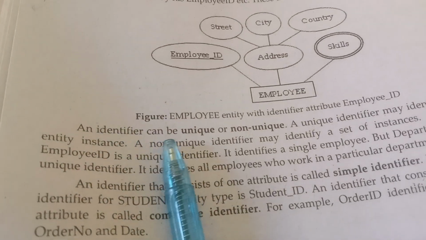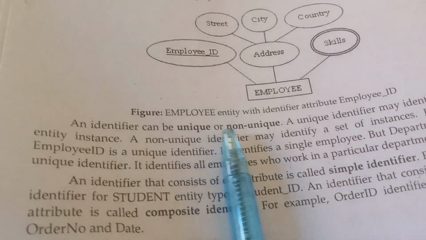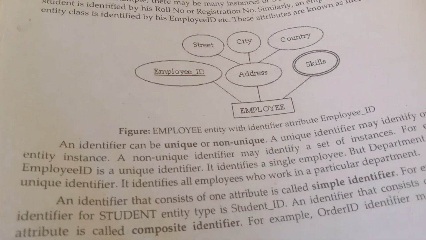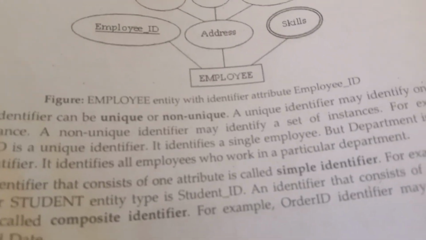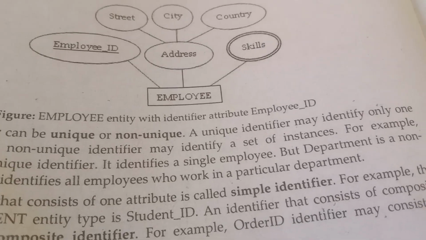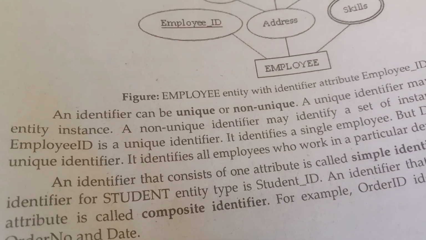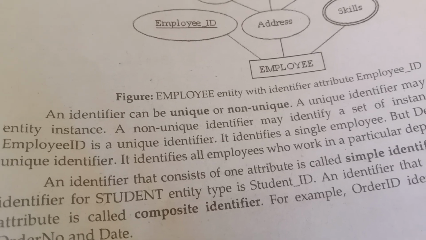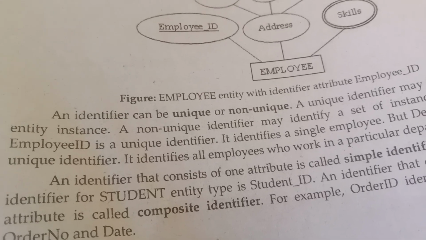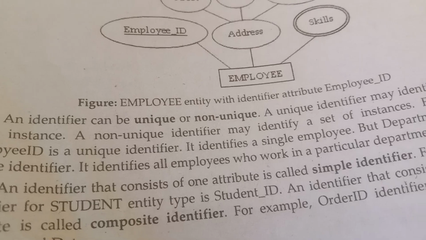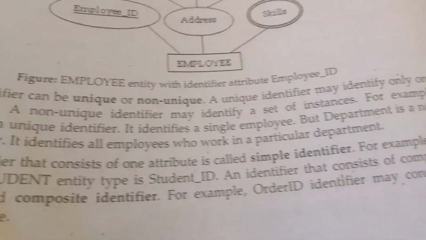An identifier can be unique or non-unique. A unique identifier may identify only one entity instance. A non-unique identifier may identify a set of instances.